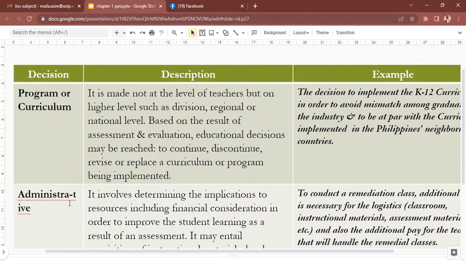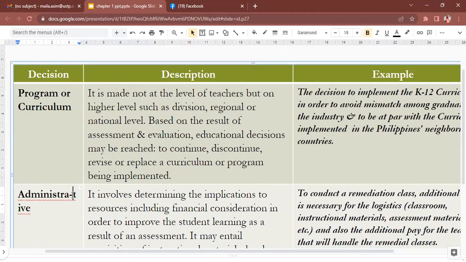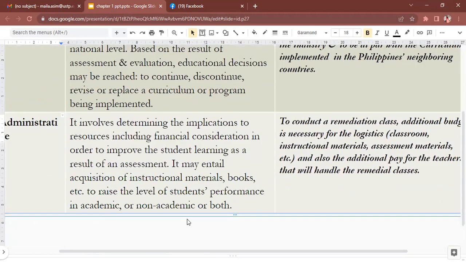Next is administrative. When we say administrative, the word admin, it involves determining the implications to resources, including financial consideration, in order to improve the student learning as a result of assessment. So sa instructional materials, mga books that has to be raised to the level of the student's performance.